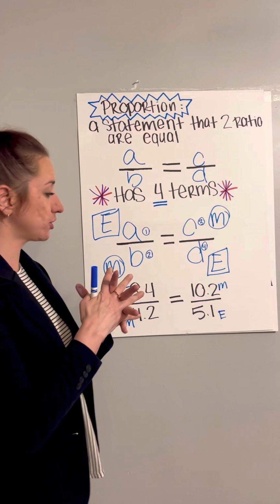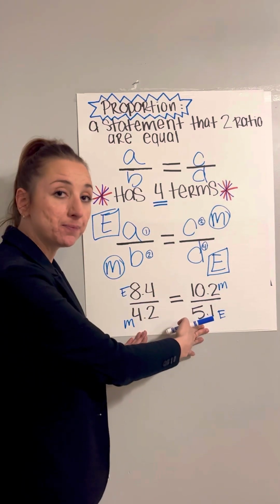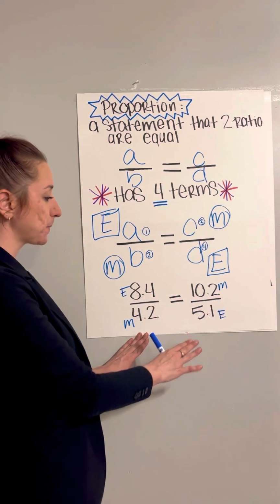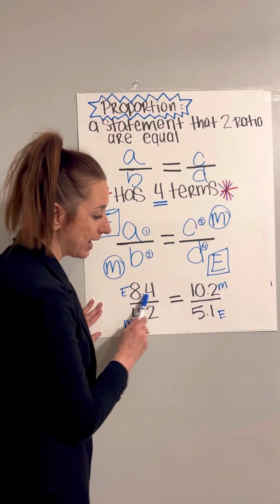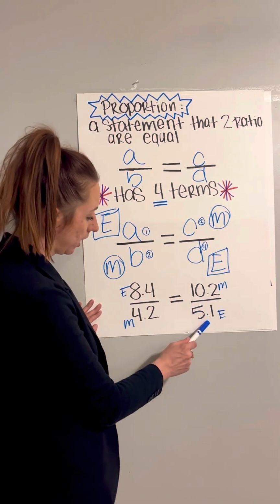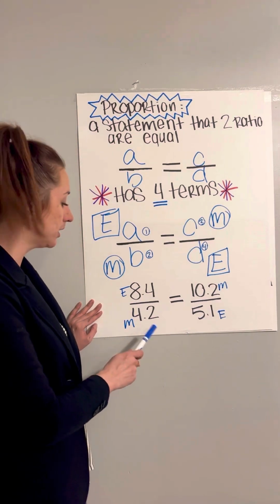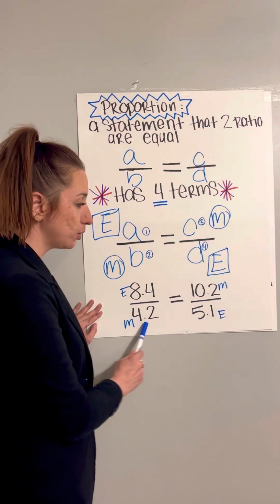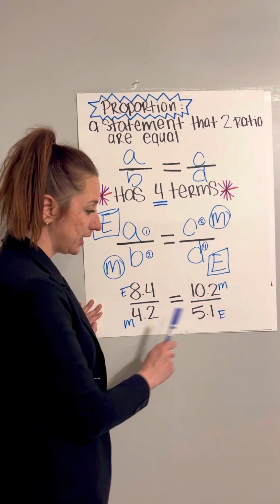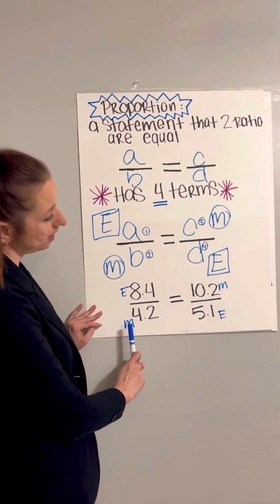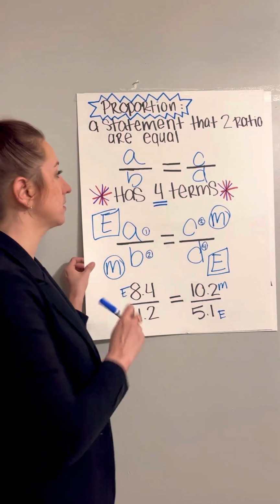We want to make sure to label correctly for this proportion. We have extremes labeled, our A and our D, and our 1 and our 4. Our means are labeled, our 2 and 3, or our B and our C.